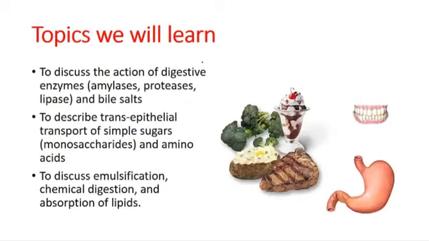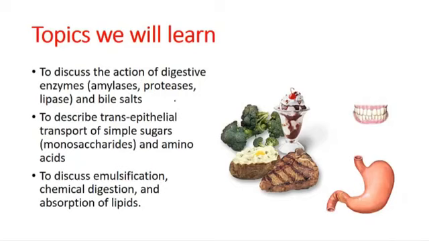Now chemical digestion involves breaking down of the food with the help of enzymes, and those enzymes will break down macromolecules into small fragments and nutrients. Once those small fragments are generated, they are absorbed in the GI epithelium cells.